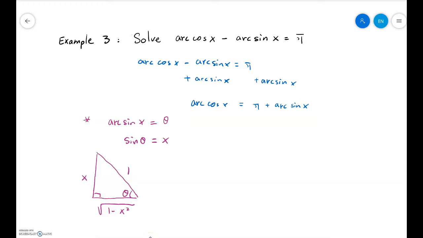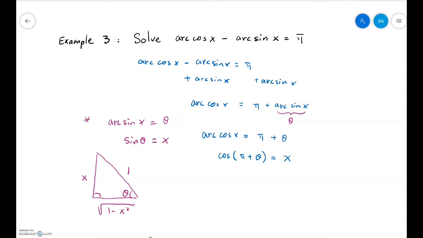Okay, so go back to my main steps. I'm going to rewrite arc sine of x as theta. Then I have arc cosine of x equals pi plus theta. Using the inverse function definition, I can write cosine of pi plus theta equals x.